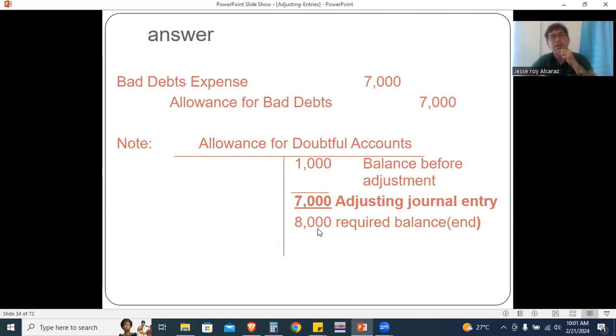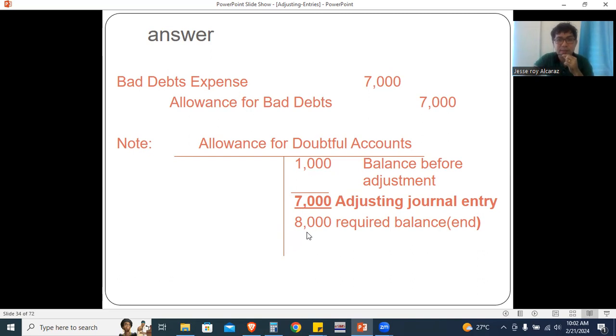Because, again, naa tay accounts receivable, 100,000. And the estimated allowance or the estimated uncollectible accounts is 8%. Therefore, for this year, ang balance na to dapat sa allowance for doubtful accounts is 8,000.